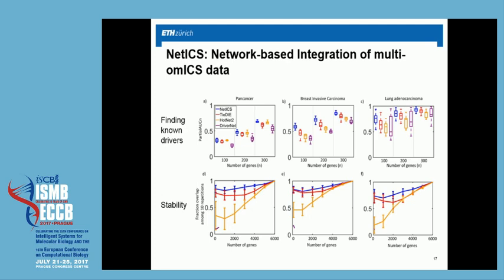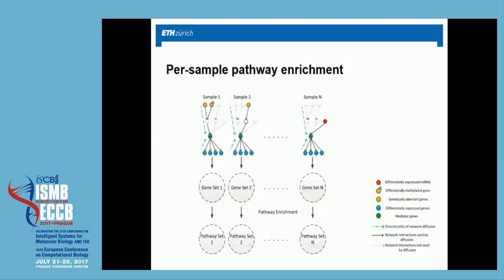We tend to recover these known cancer genes somewhat better. We also looked at the stability, so how stable the final gene list is under subsampling. It turns out that the two diffusion methods here are much more stable, with NetX having some advantage again over TIDAI.